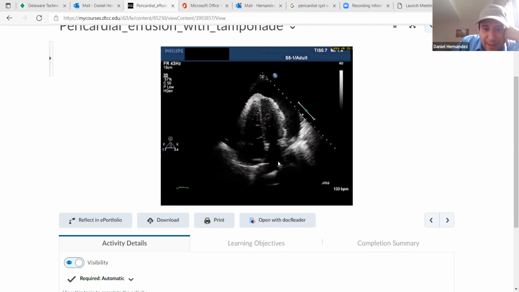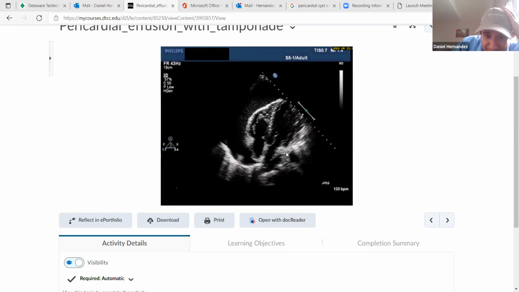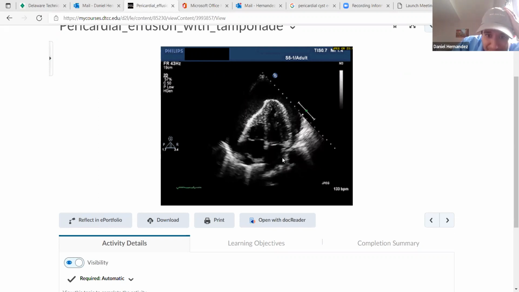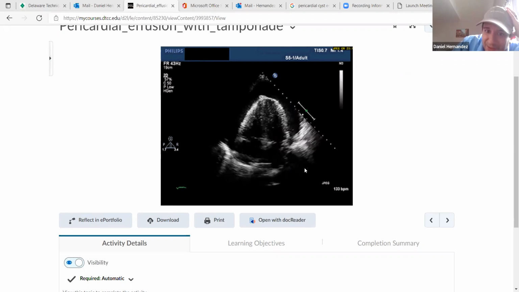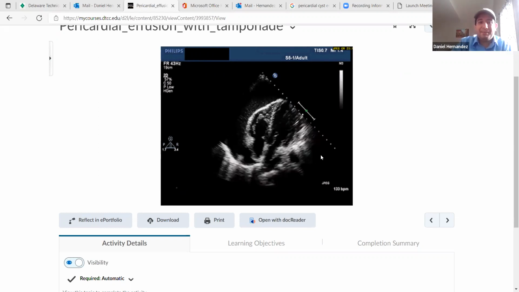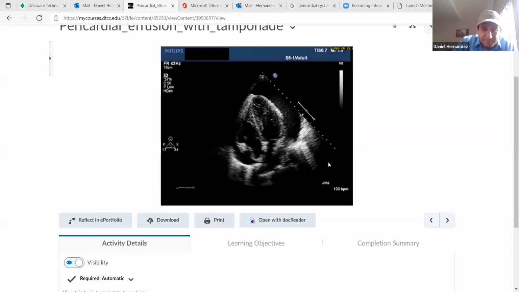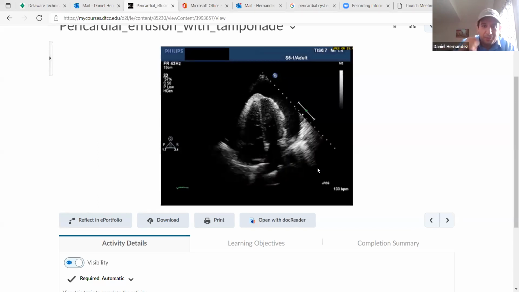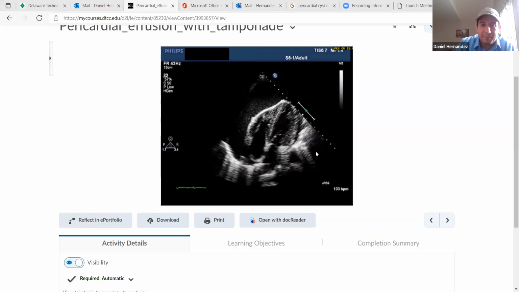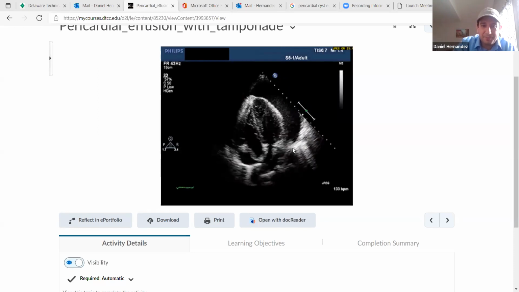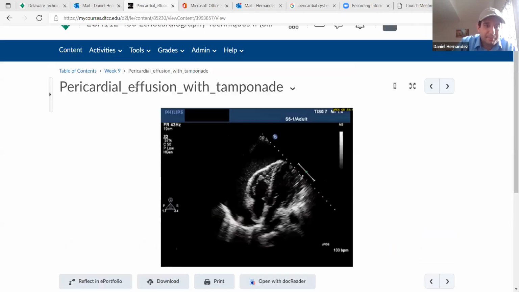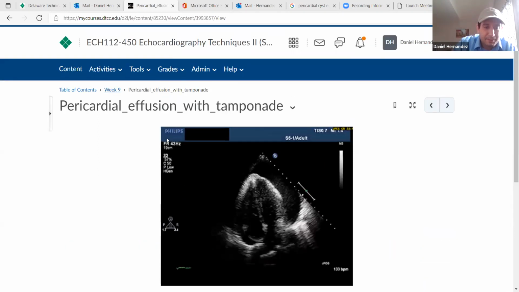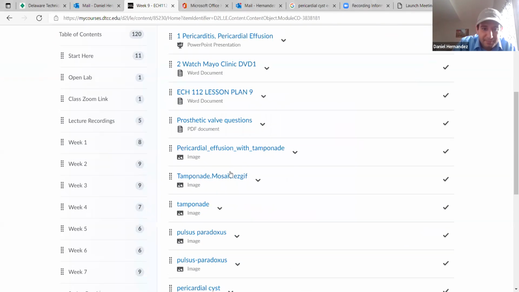We're probably getting a little collapse too. It's a little hard to tell here. So the atria typically shouldn't collapse like that. Maybe we'd see it a little better in one of our other views. Let's see what else we got.